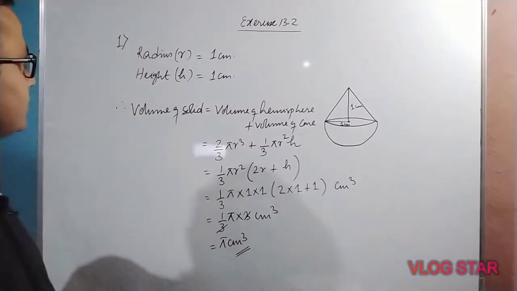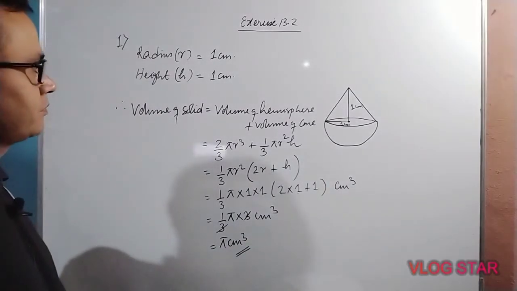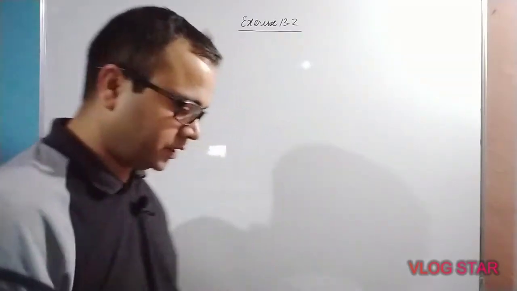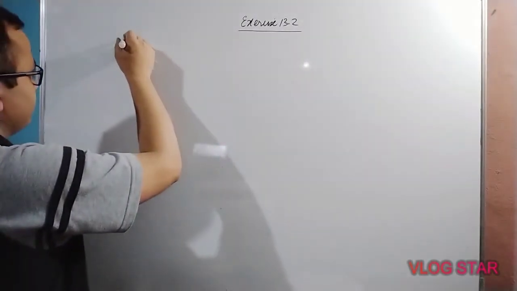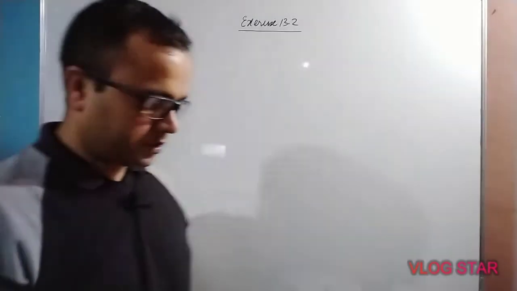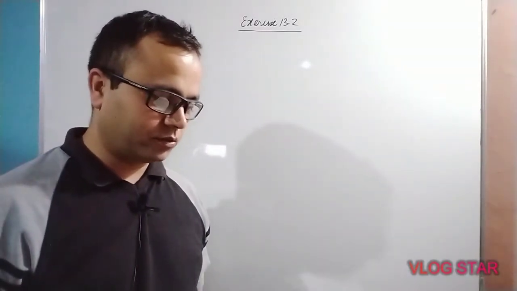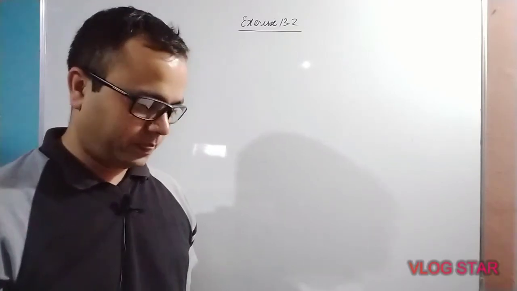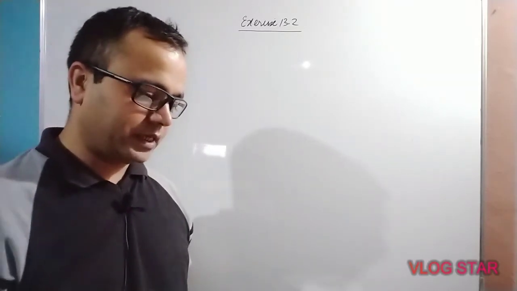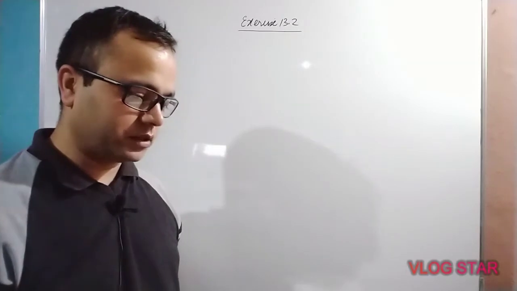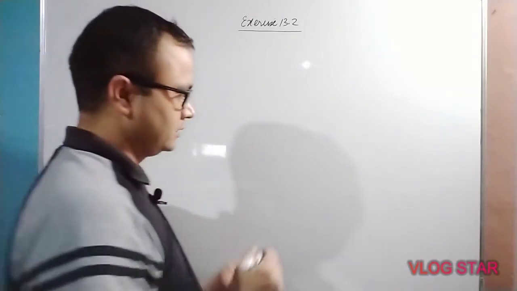So move to question number 2. Rachel, an engineering student, was asked to make a model shaped like a cylinder with two cones attached at its two ends by using a thin aluminum sheet.